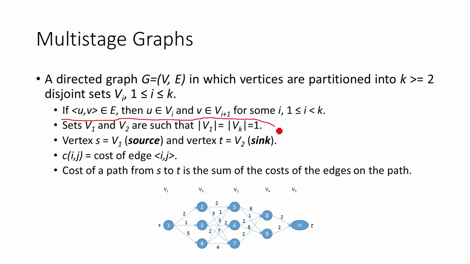The lone vertex in the first stage is known as the source, and the lone vertex in the last stage is known as the sink, and they are represented by S and T respectively.